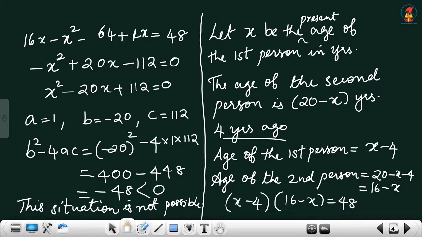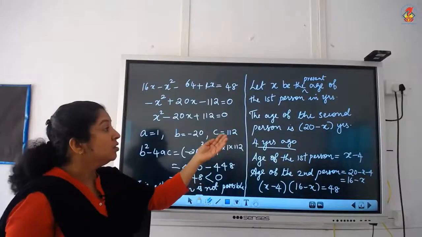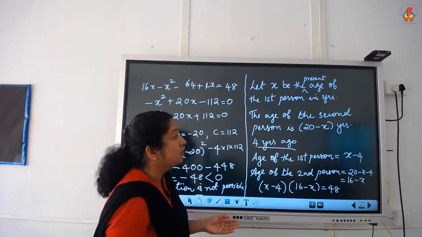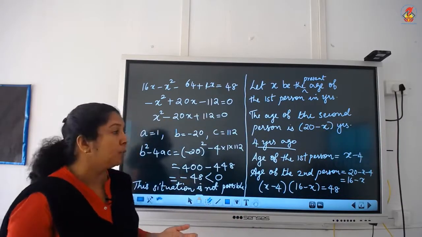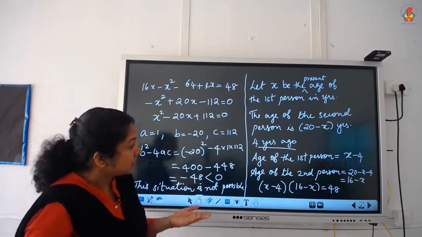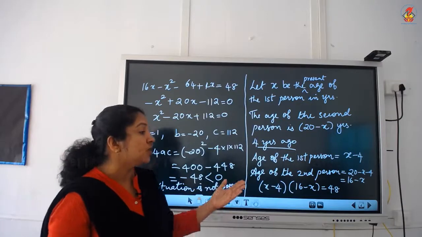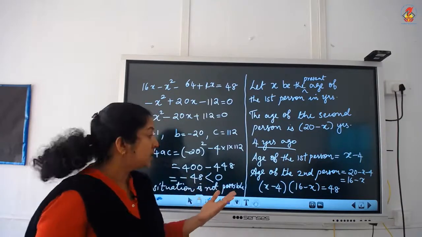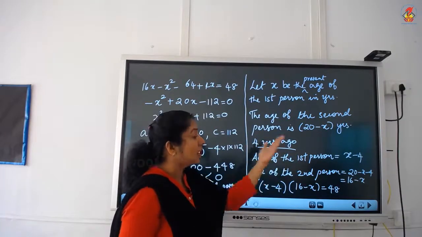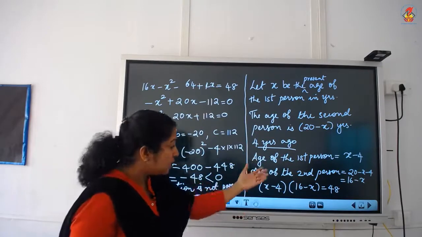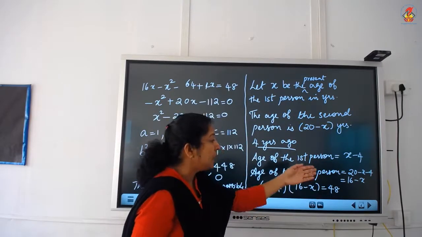In the question, the sum of the ages of two friends is given as 20. So, we have supposed that x be the present age of the first person. So 20 minus x is the present age of the second person. And in the question it is given that 4 years ago the product of their ages is 48. So 4 years ago the age of the first person is x minus 4 and age of the second person is 20 minus x minus 4.